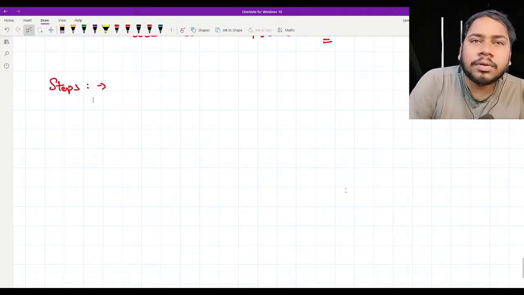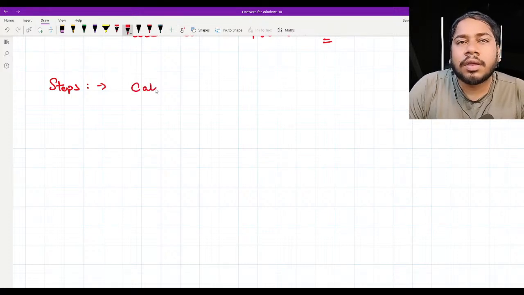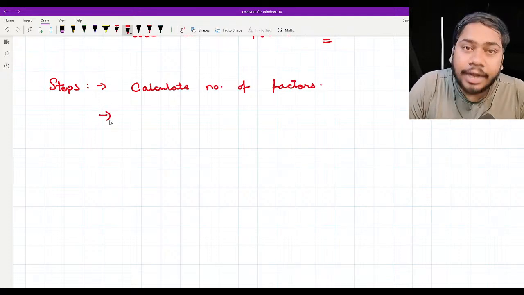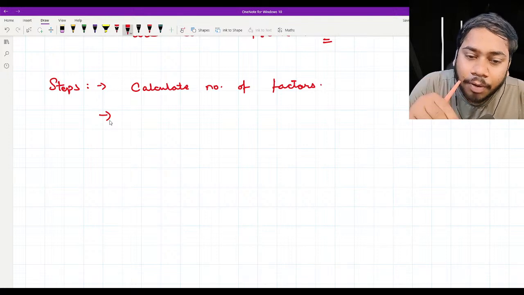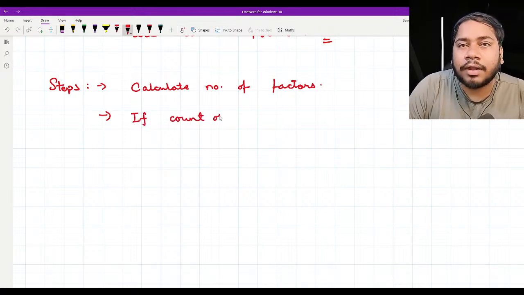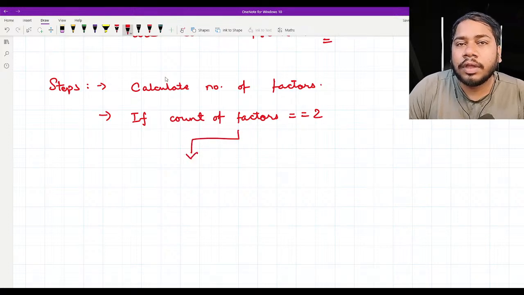So what we'll do? Calculate the number of factors. We have just done that in the previous problem. And if the count of factors is equal to 2, if that is yes, then prime.